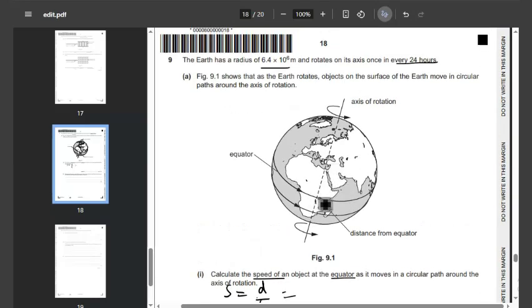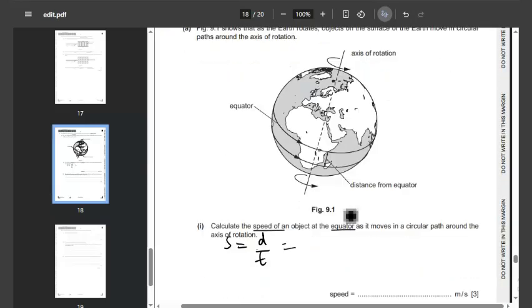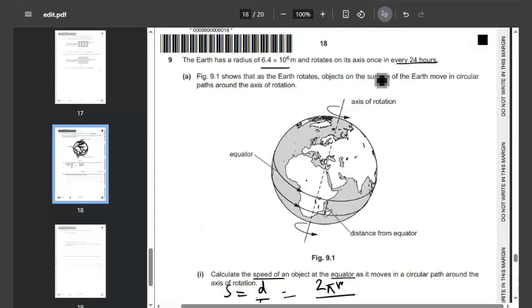And what is the time? It says it takes 24 hours to move on the axis. So 24 hours in seconds is 24 × 60 × 60.